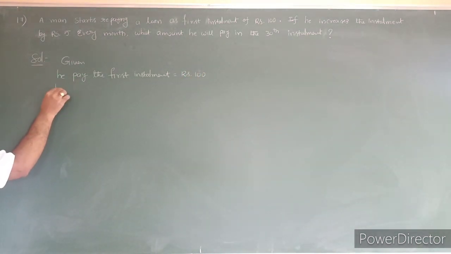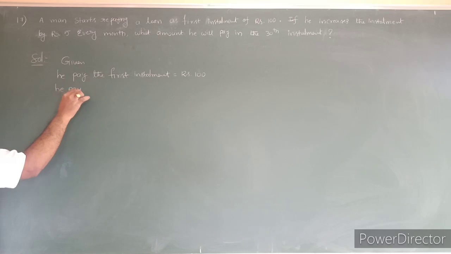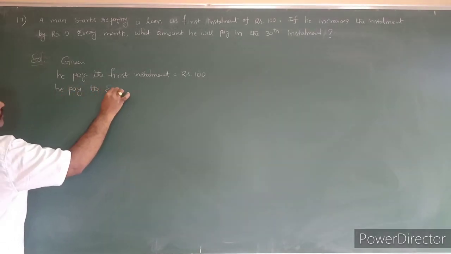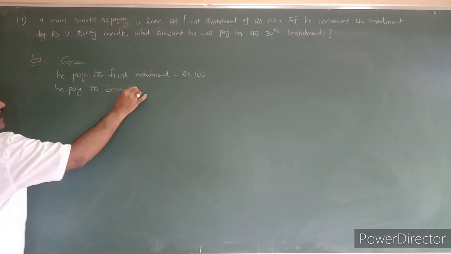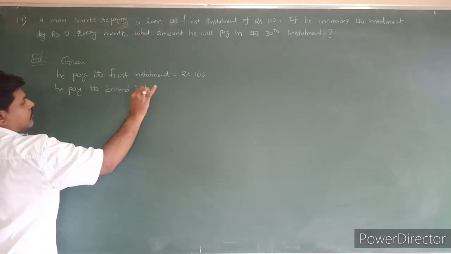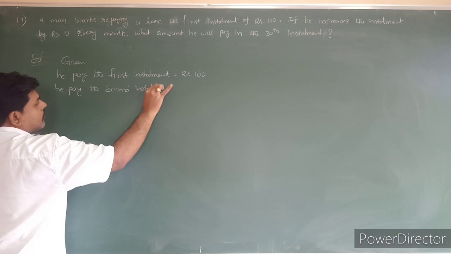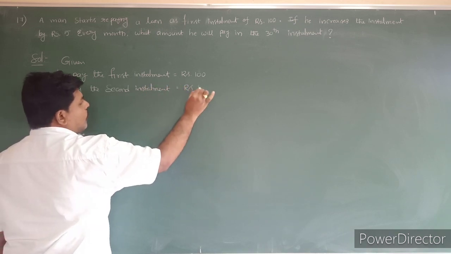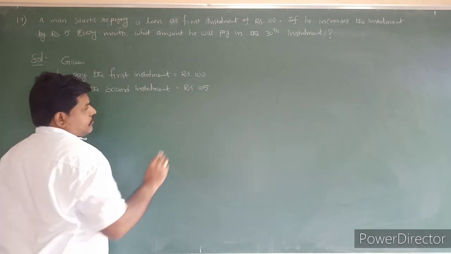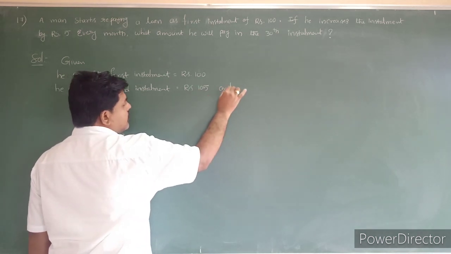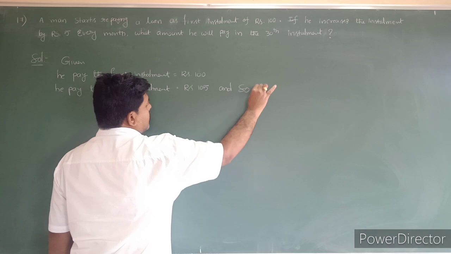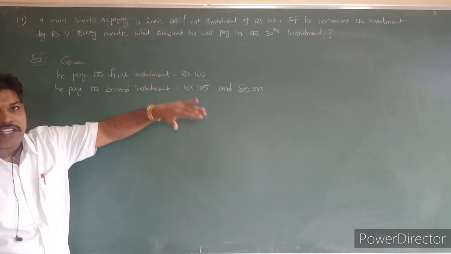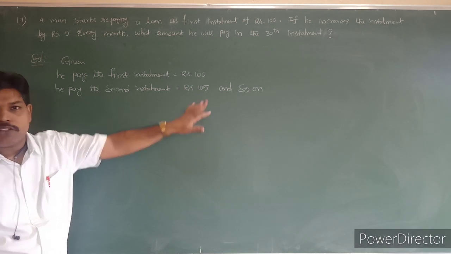Similarly, he paid the second installment, that is 105 rupees. And so on. So what is that value? First installment is 100. He increased the second installment by 5 rupees, so it will become 105 and so on.